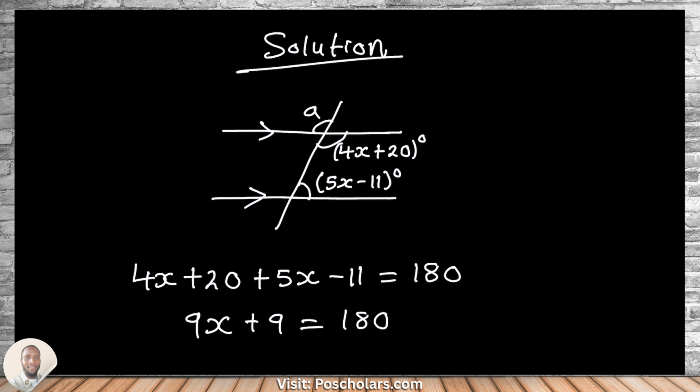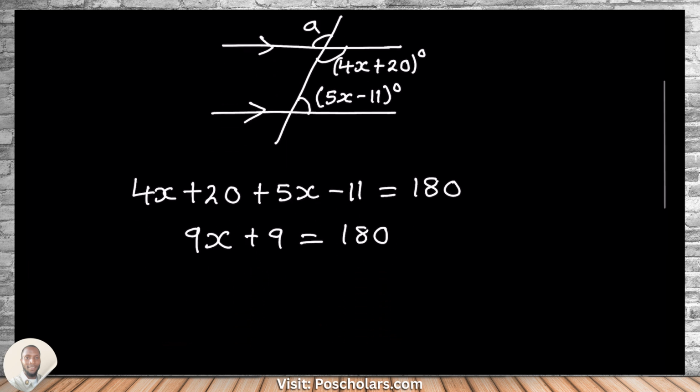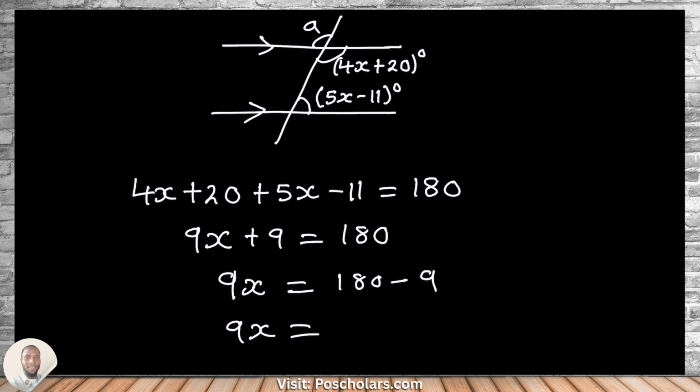Now, what do we do next? We know that we are looking for the value of x, but before we attempt this, let's subtract 9 from both sides of the equation. So we are subtracting 9 from the left hand side and right hand side. When we do that, we have 9x remaining on the left hand side, equals 180 minus 9, which gives 171.